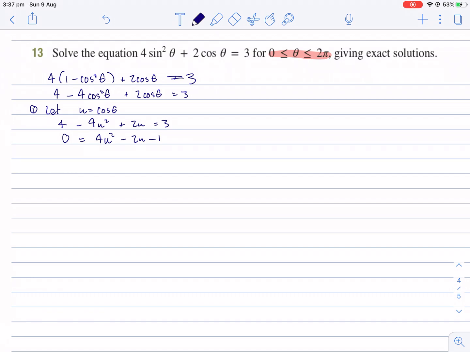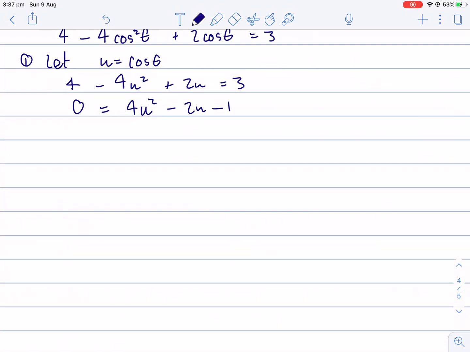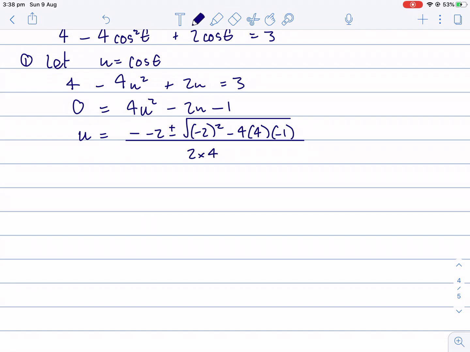If I now want to solve this, I'm going to use my quadratic formula. So I've got minus -2 plus minus the square root of -2 squared take 4 times a times c all over 2a.